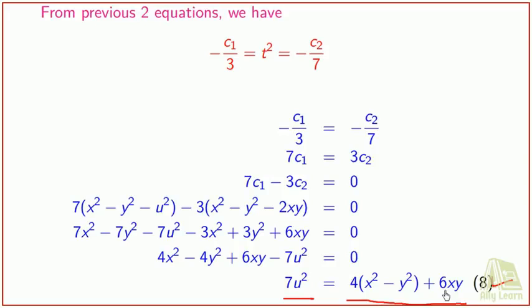Equation 8 I got by putting the Cauchy data in phi equal to C1 and psi equal to C2, and then by a few calculations I got the relation containing C1 and C2.